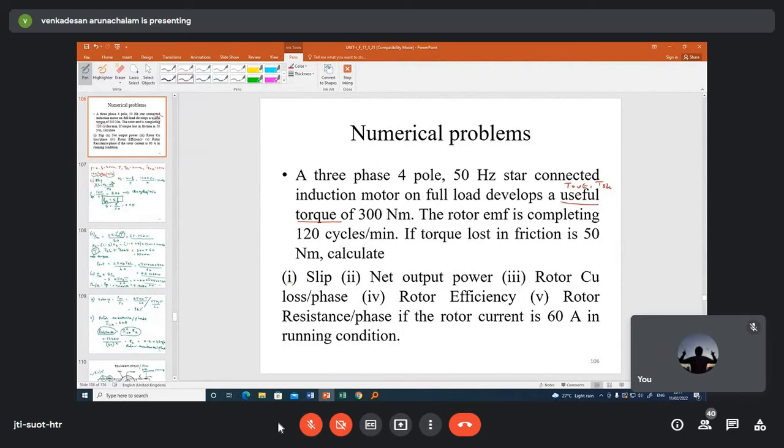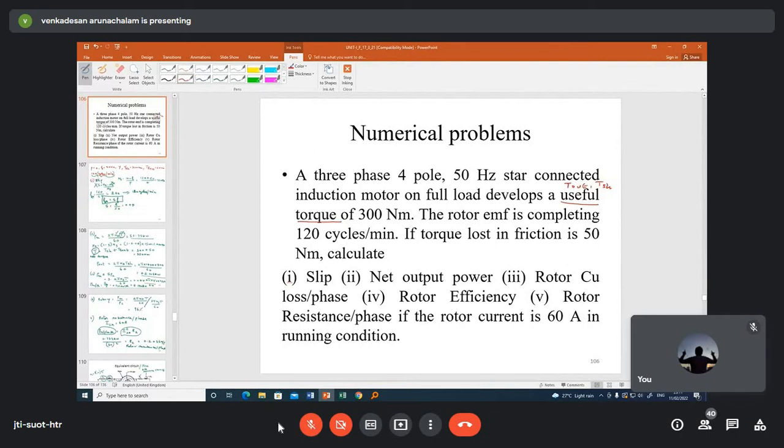The rotor EMF is completing 120 cycles per minute, and the torque loss in friction. So this is the loss torque, because the torque will be developed in the rotor, and some of the torque will go as waste due to friction, and after that only we will get the useful torque.